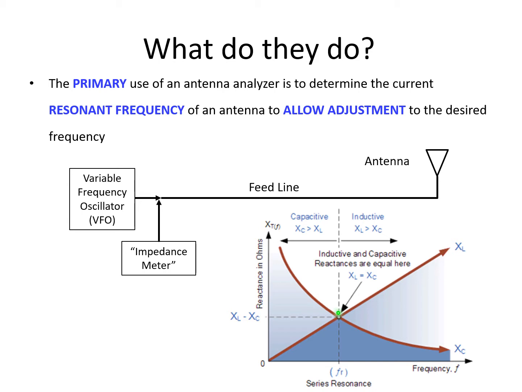And this is the point that we define as resonance, when both the capacitive and the inductive reactance cancel each other out, so there is no reactive component to the impedance.